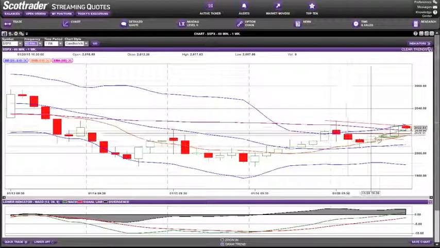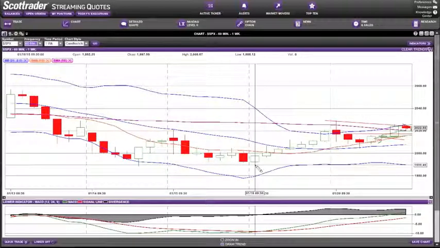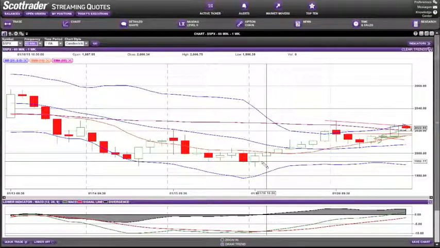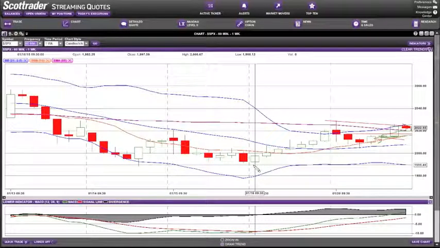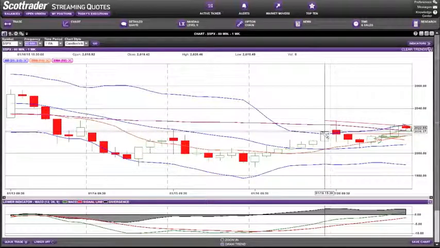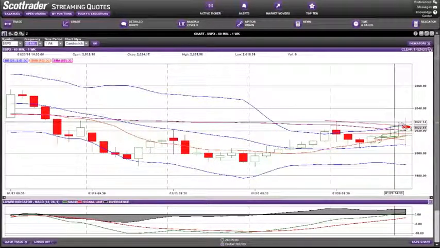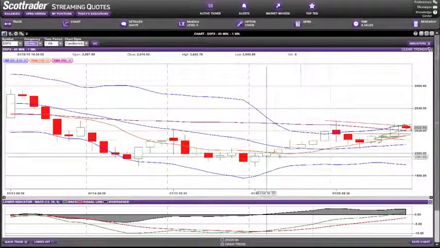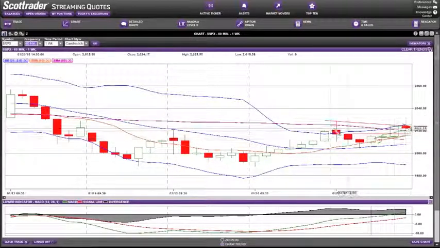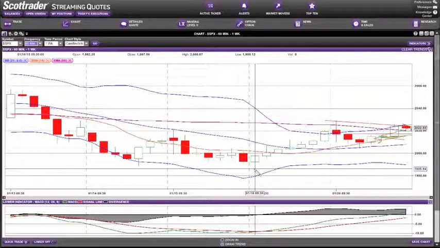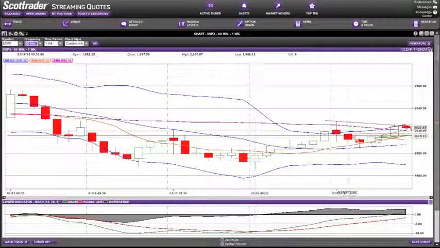1, 2, 87, 20. No way. 90. We'll just say 90. 90 to 10. So what I'm doing right now is just measuring waves. This is wave 1. This is 10 points. Wave 2, 8 points. 10 points.